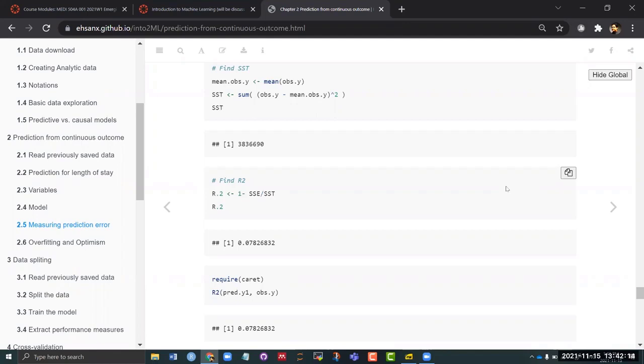In an ideal setting, if you have perfect prediction, all of the observed y values and all of the predicted values are exactly the same, with no deviation. Then your R-square will be, anybody can guess? 1, right? That's the best case scenario.